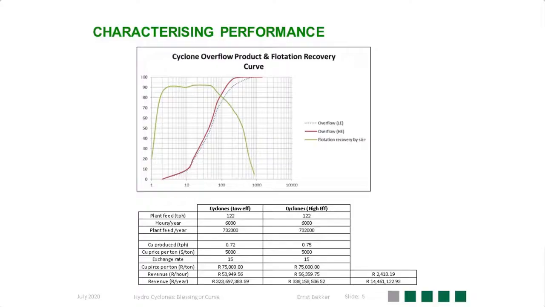When you look at the economic effect, and this was based on copper ore, the difference between a cyclone with low efficiency and high efficiency, as you can see, the economic impact on a yearly basis is quite significant. This is for illustrative purposes, and it will differ from process to process.